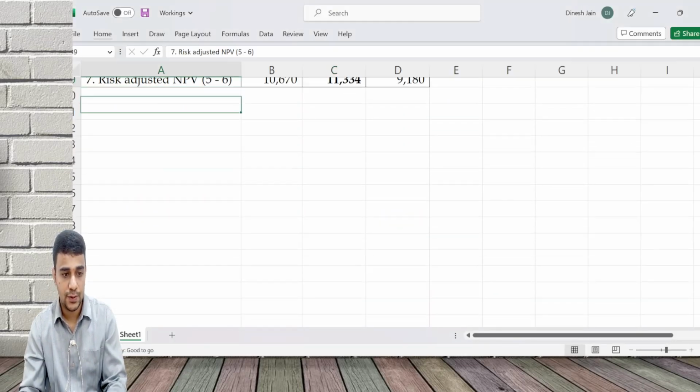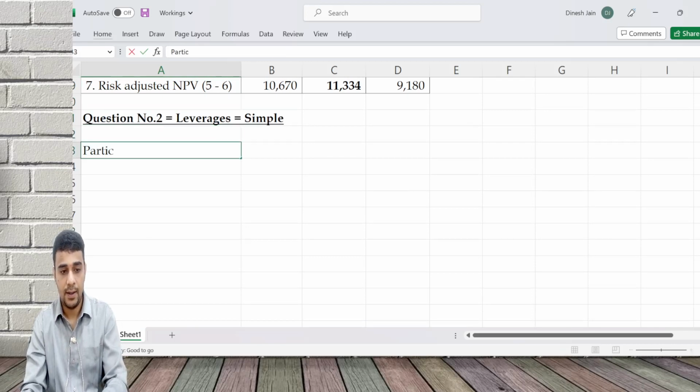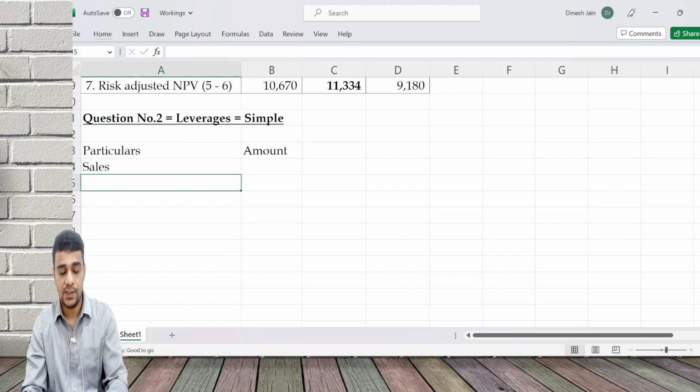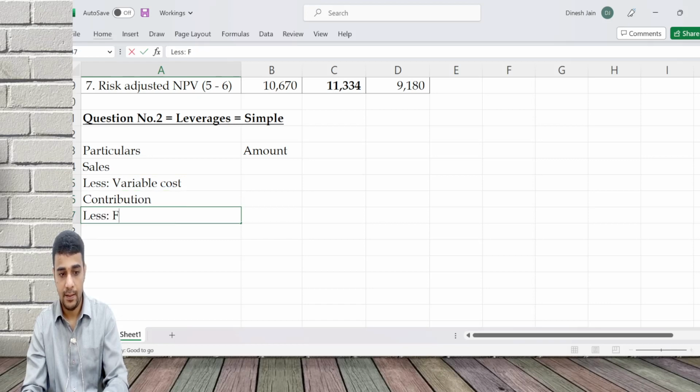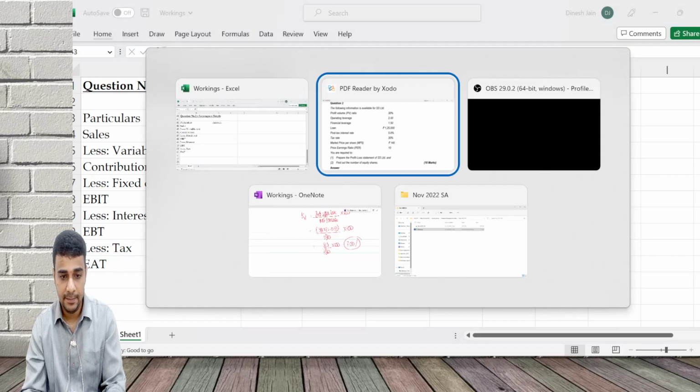Profit and loss. So question 2, this has come from leverages. Simple. Particulars and amount. Let's write the format. It starts with sales less variable cost, contribution, fixed cost, EBIT, less interest, EBT, tax, EAT.